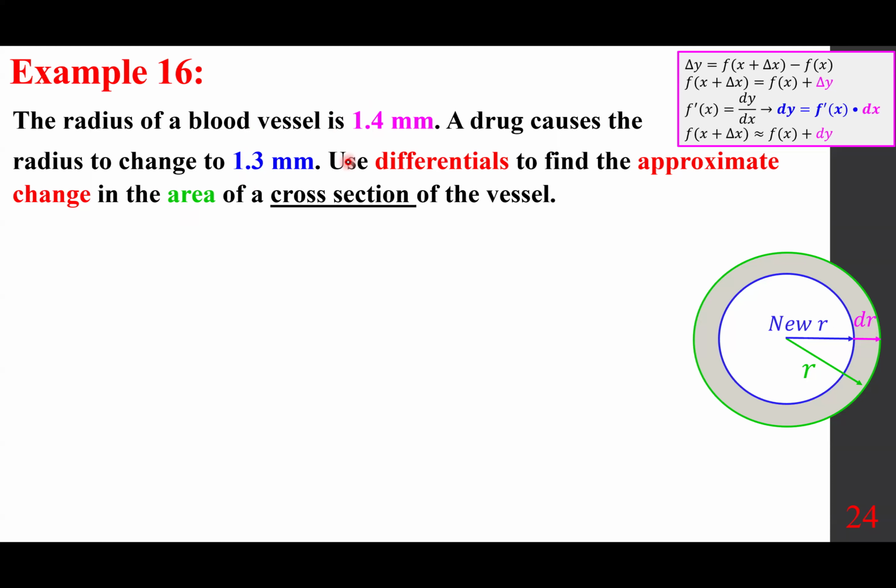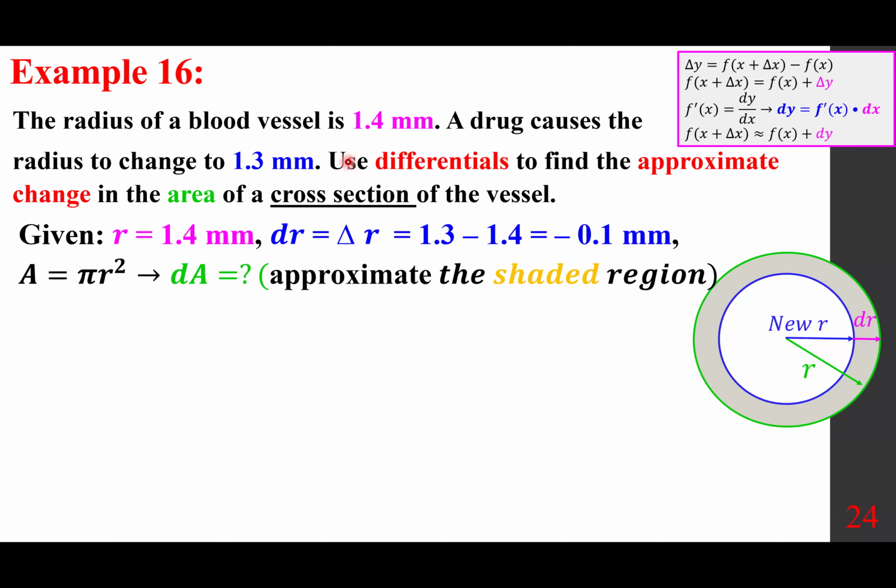Negative means it's shrinking, the area is getting smaller. And so what we are looking for is the approximate area of this shaded region. So that's understanding the problem.